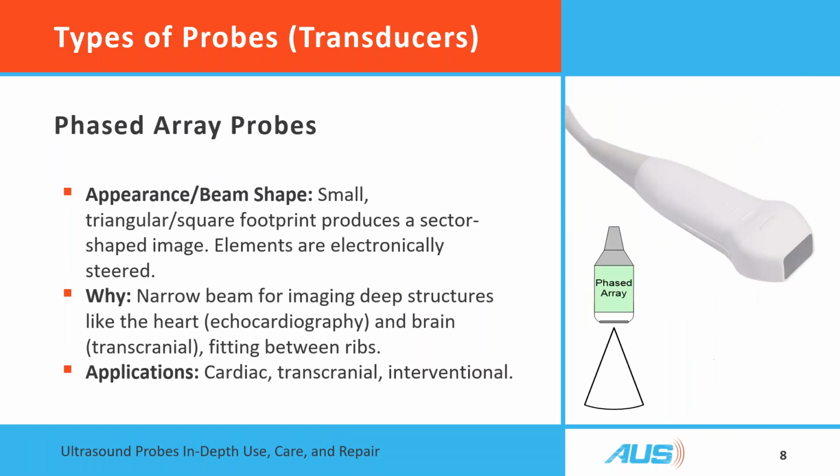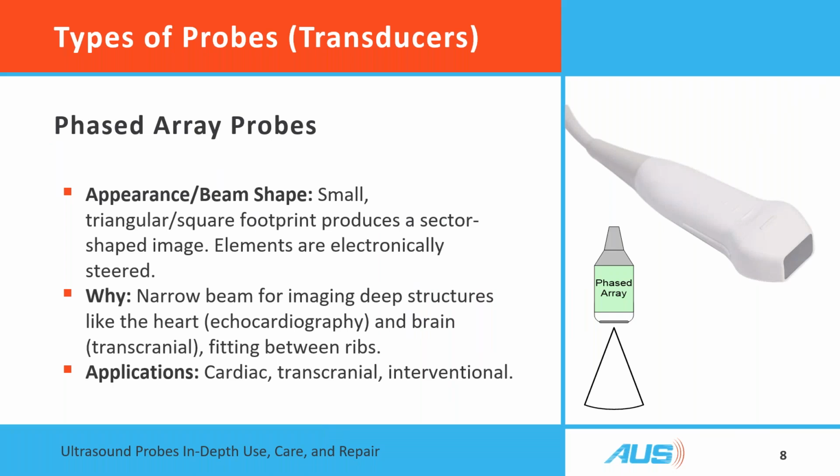Then we come to the phased array probe. It does have the pie-shaped or triangular footprint. They're also called sector probes or vector probes. These are for cardiac structures normally, some used for transcranial. They're also used in interventional ultrasound.